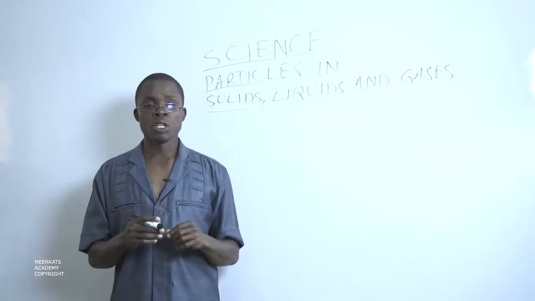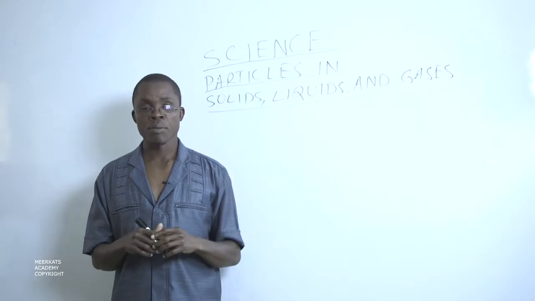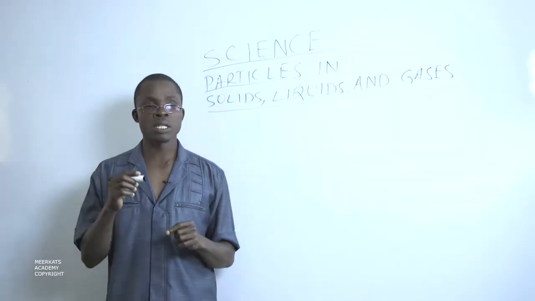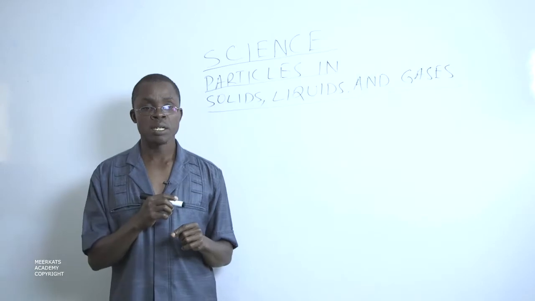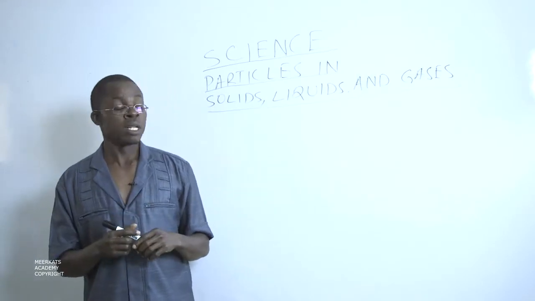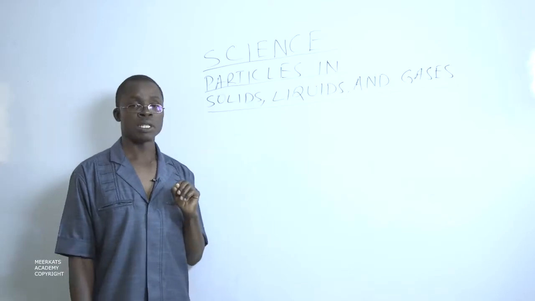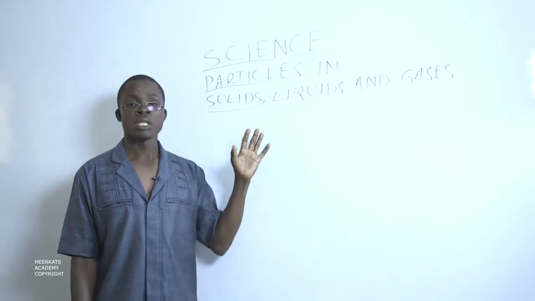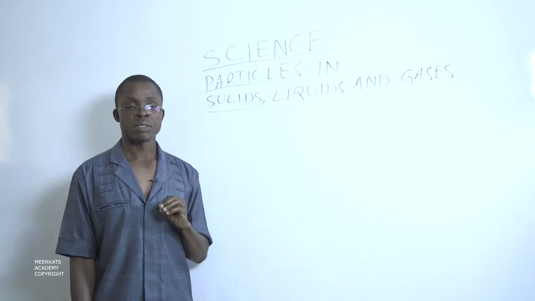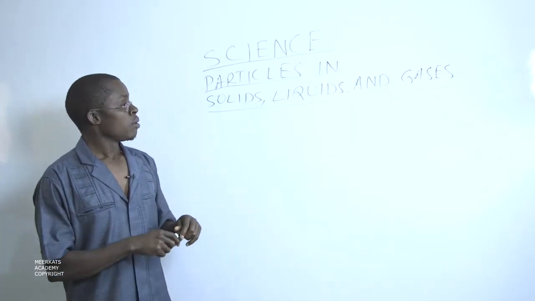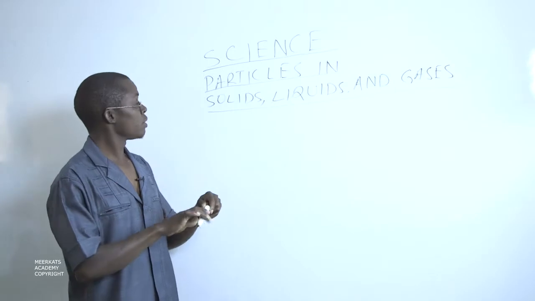For this theory to be understood, that is the kinetic theory of matter, we need to look at a diagrammatic representation of the three states of matter, which can be as follows.